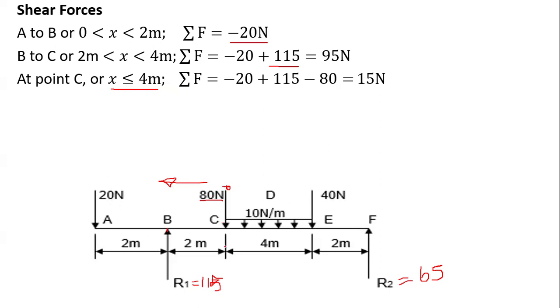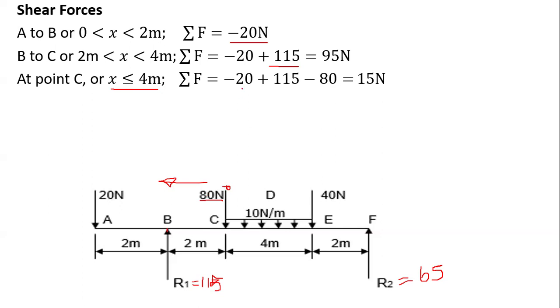So then what are we saying? On the left, we have negative 20, which is acting downwards, followed by an upward force, which is 115 positive. Next, this newcomer, 80 newtons, acting downwards, telling us that this is negative 80 newtons.